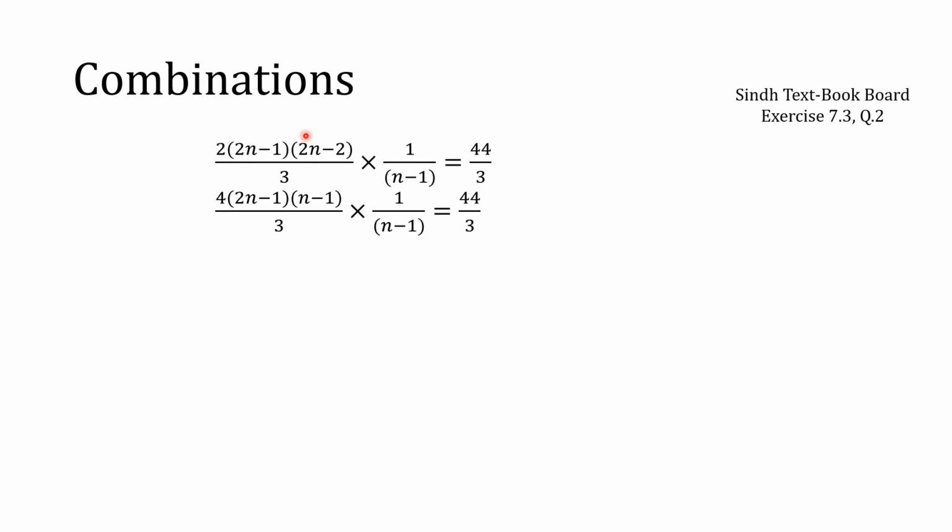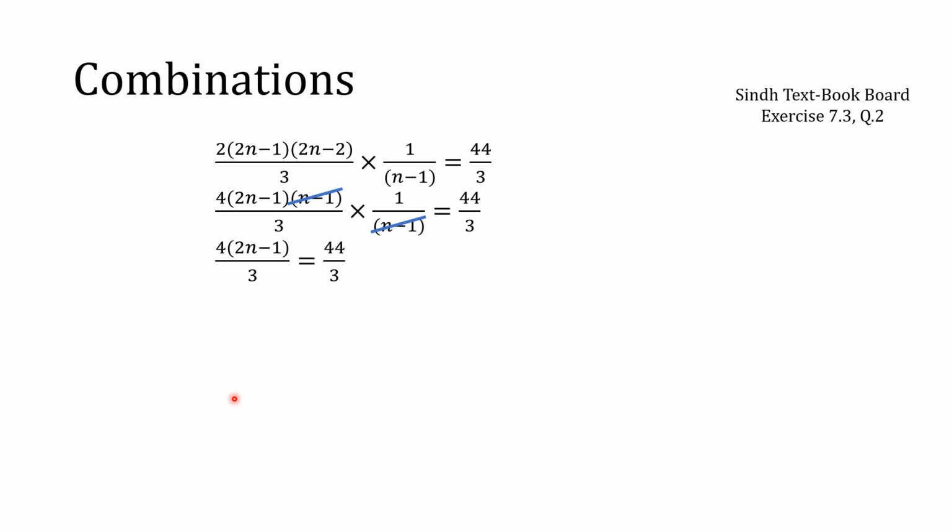We can see here from this factor that 2 is common. By taking 2 common, we will have 4 times 2n minus 1 times n minus 1 over 3, and here also n minus 1 will get cancelled. So we have 4 times 2n minus 1 over 3 is equal to 44 over 3.